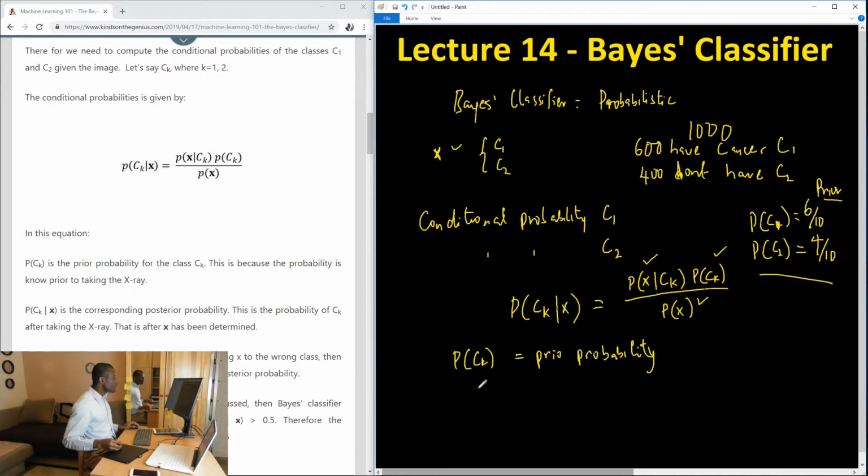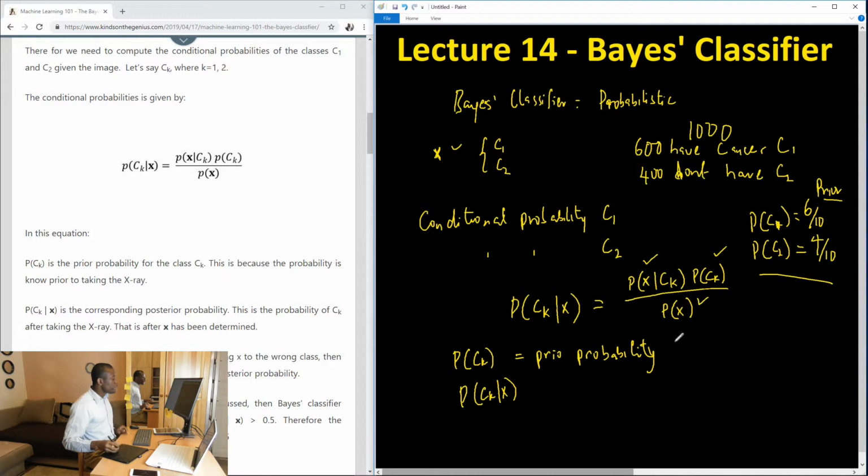So then the next one, CK given X. In this case, we have a posterior probability because we now have the value of X, meaning the probability of CK given the value of X. Now we don't actually know it, and we have to determine it.